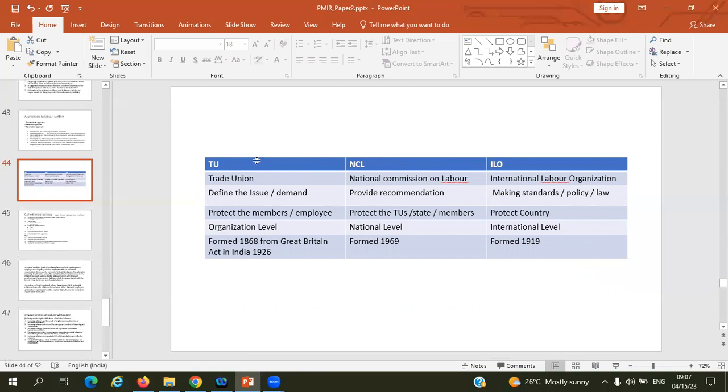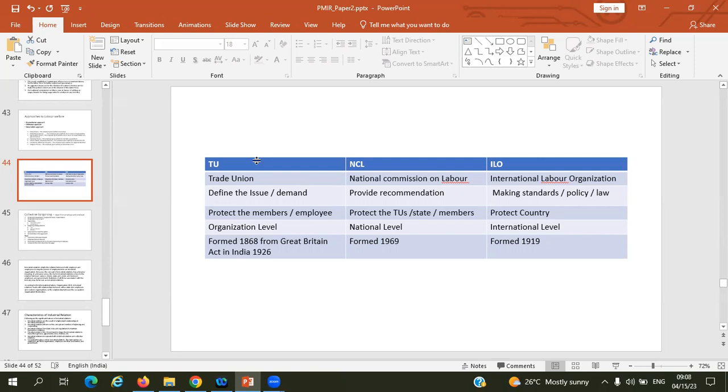So what are its objectives, why it's created. A person like you may be thinking that all are the same. Why are there three things? What is NCL doing, what is the trade union doing, what is ILO doing? But their work, their scope, their area of operation is different from each other.